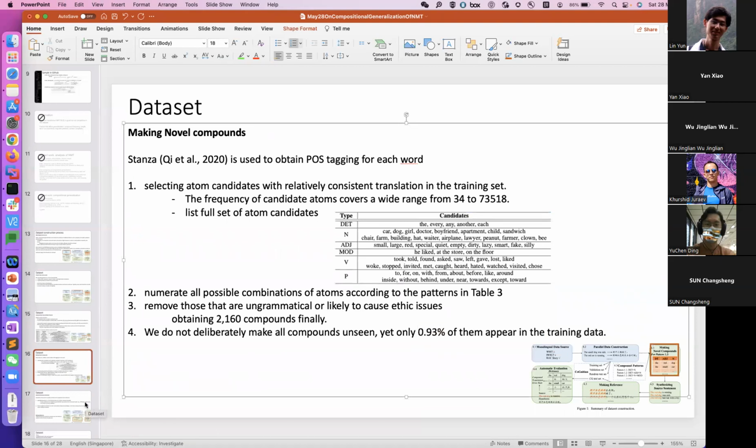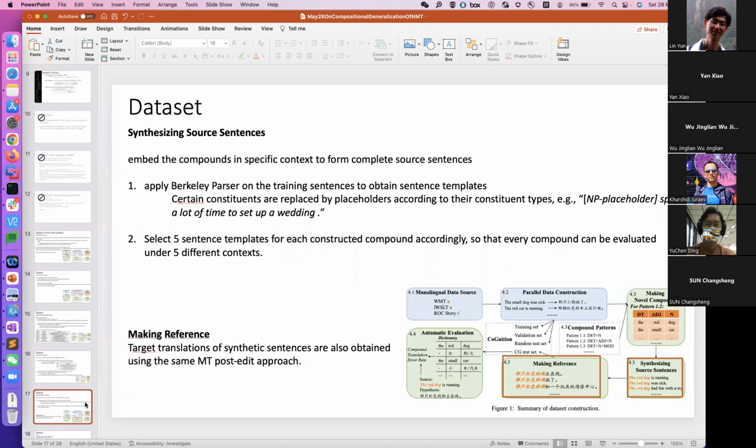So let's come back to the next slides. You're saying that this NP placeholder, we replace with a compound in the training data set, so that we can construct a new sentence in the testing data set. Yes. This is a template, and for every compound, they choose 5 templates. For example, here the red dog is a compound.